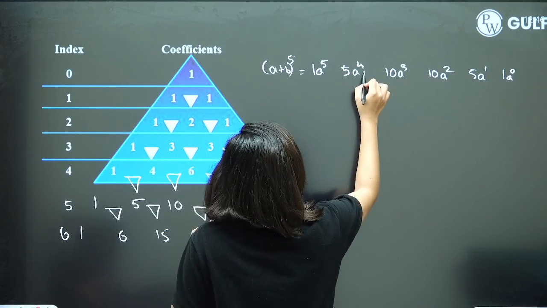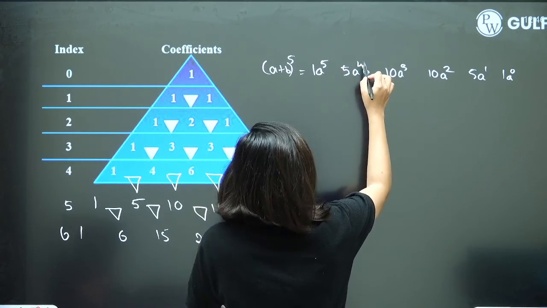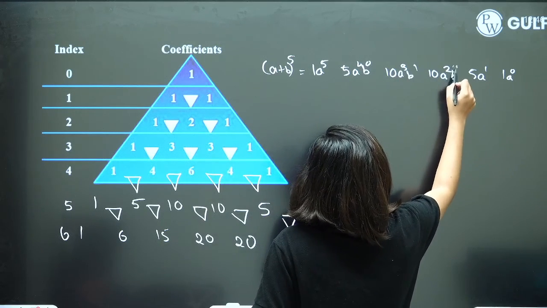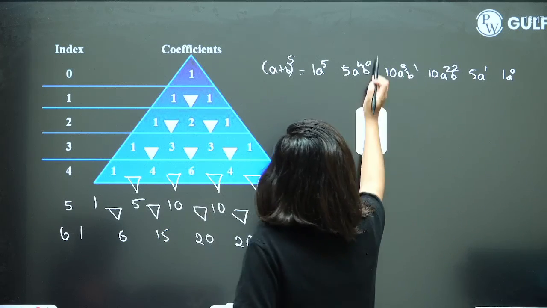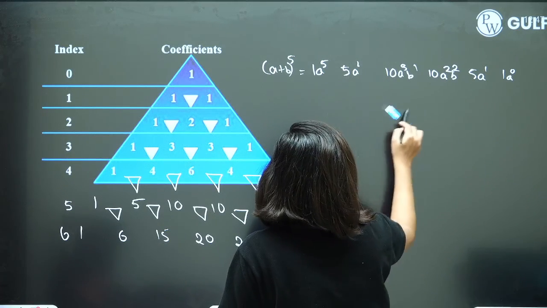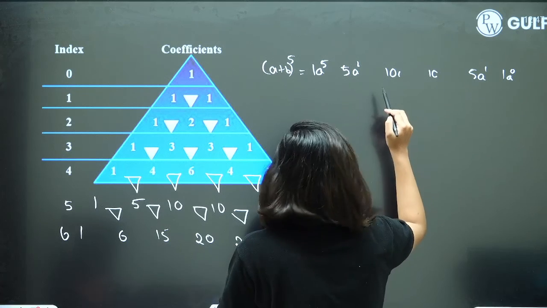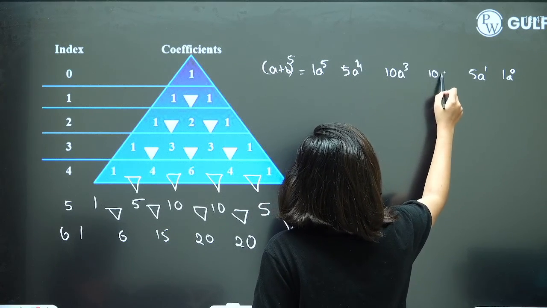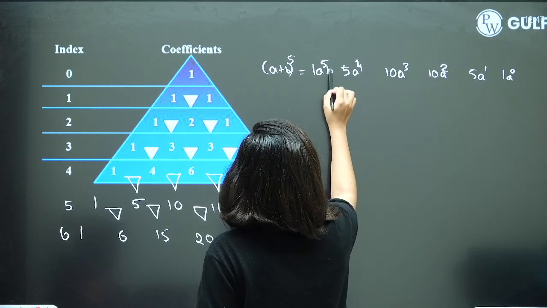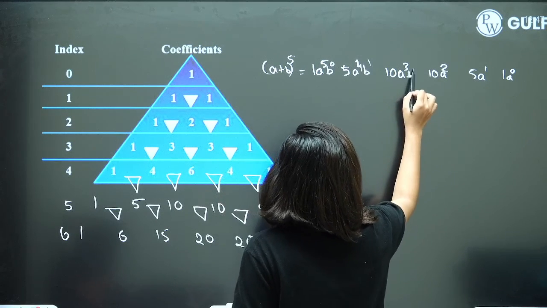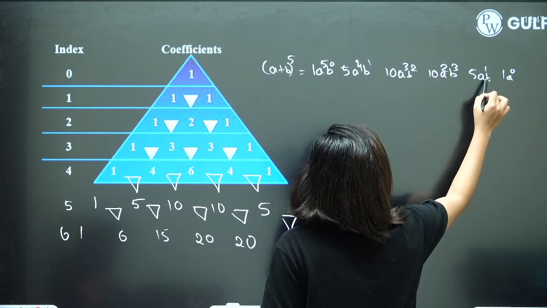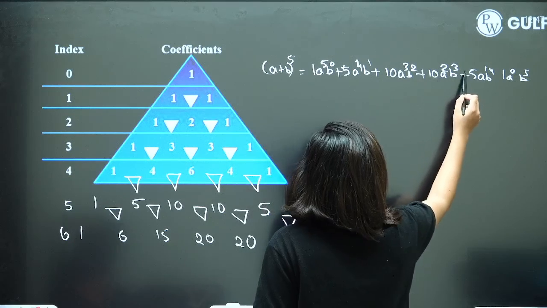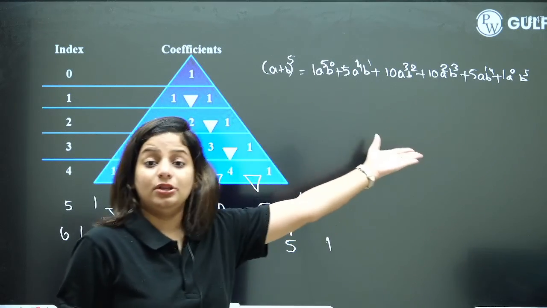And the power of b should keep on increasing from 0, 1, 2, 3, 4. So your b^0, b^1, b^2, b^3, b^4 and b^5. And just put a plus sign in between. That's your formula for (a plus b) the whole raised to 5.